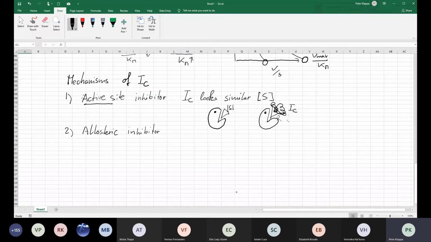So again, in this case, we have our substrate, and now in this case, we have another inhibitor that binds here.